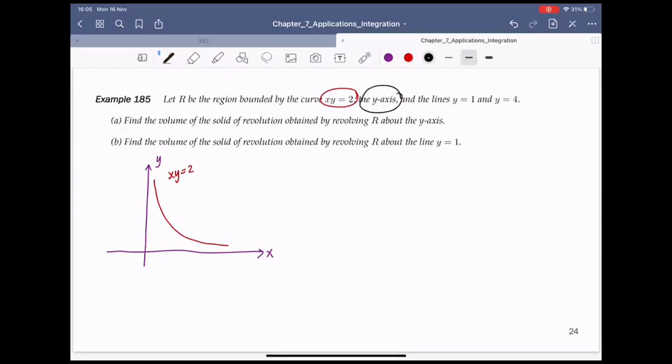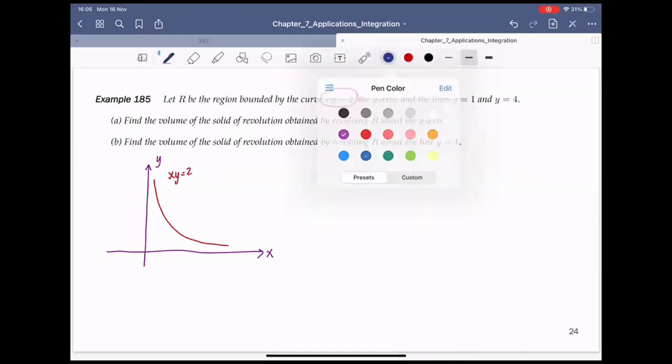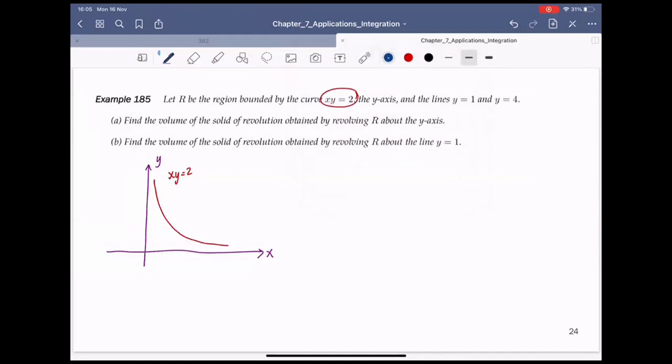So the y-axis here, and then y equal to 1, y equal to 4. Let's do that. Oops, xy equal to 2. Then I change the color, the blue one, y equal to 1, and the green one, y equal to 4.